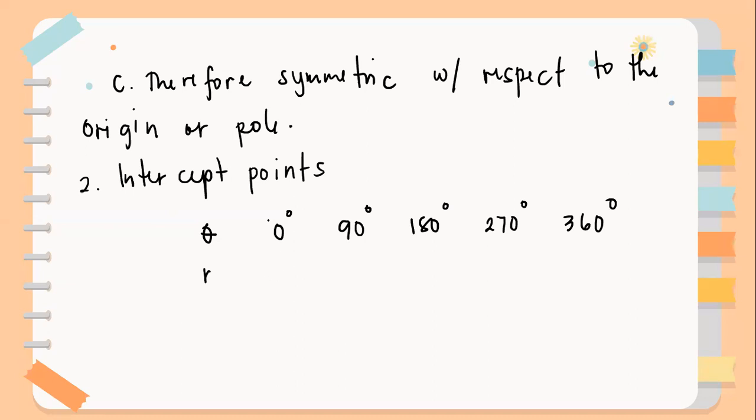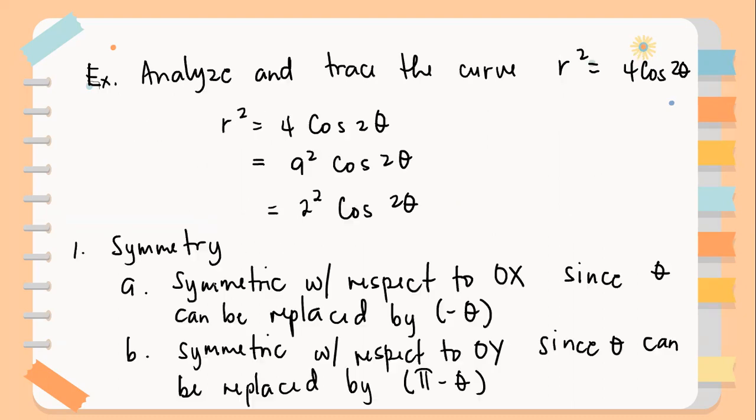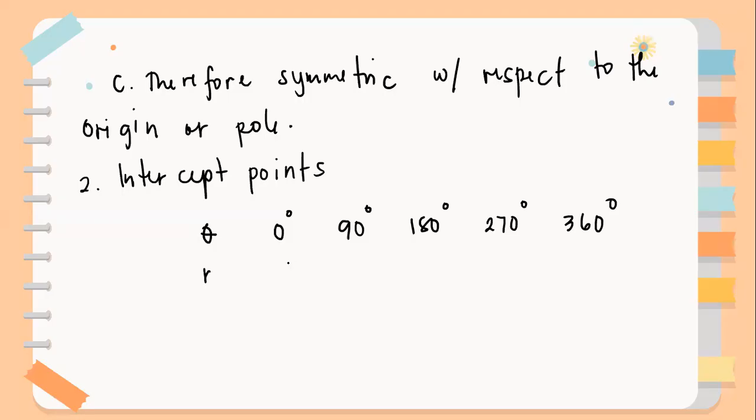If θ is equal to 0 degrees, what would be the value of r? 2. What if θ is 90 degrees? Therefore, r is 0. At 180 degrees, r is imaginary. At 270 degrees, r is 0. What if θ is 360 degrees? What is the value of r?